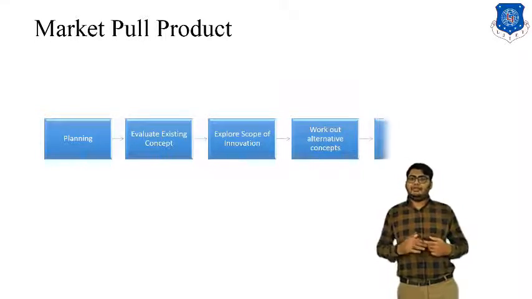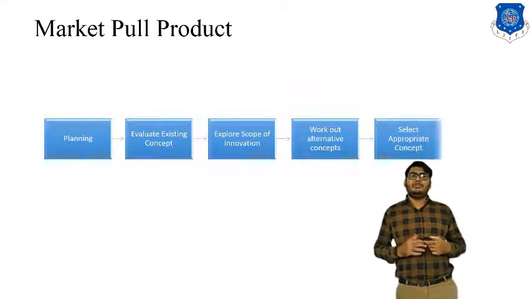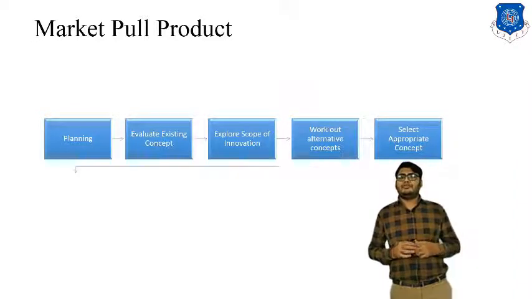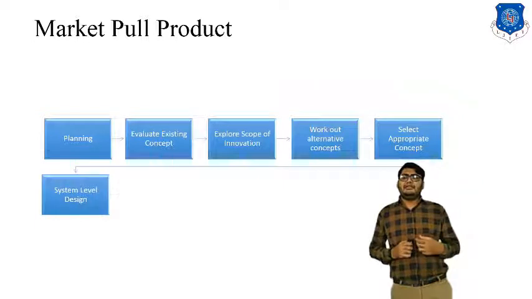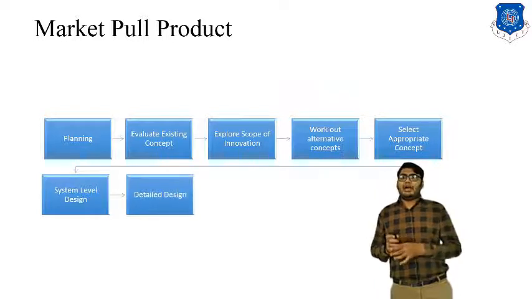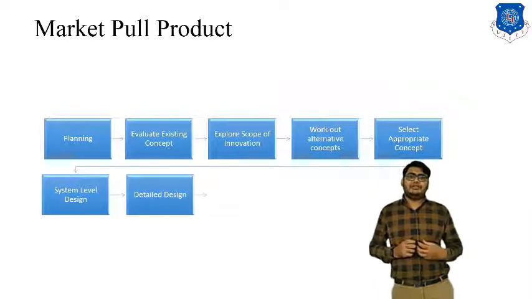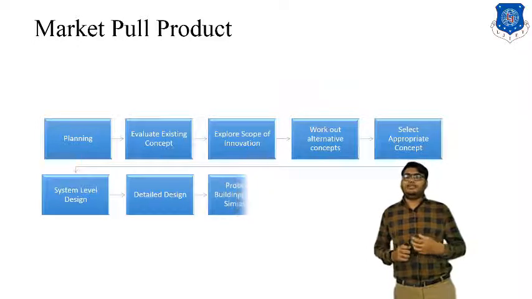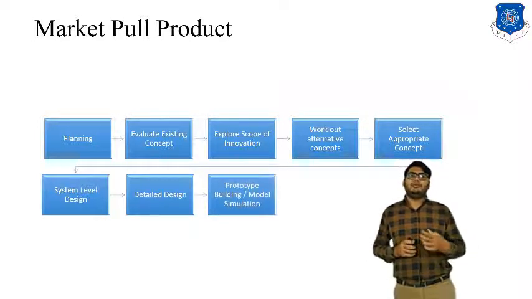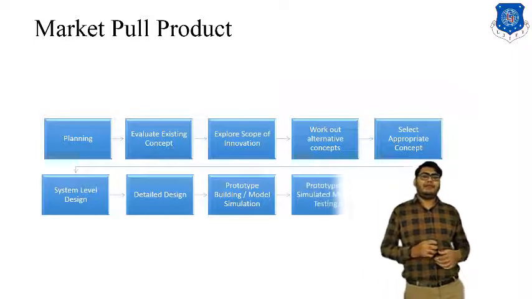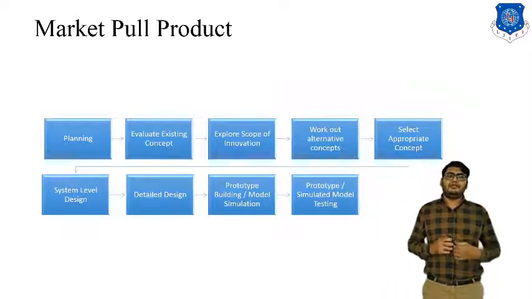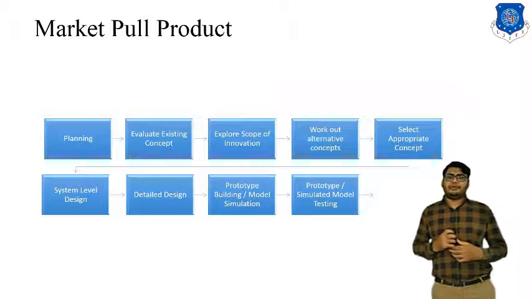After planning, we evaluate the existing concepts, because if the customers are demanding those products, chances are there will be similar products already available. Then, after evaluating the existing concepts, we see if there is any scope of improvement in the product, if we can work out some alternates of the given concept.